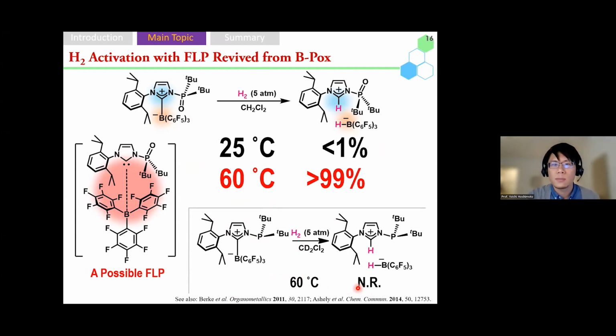We also carried out this reaction at 100 degrees, but only decomposition of this molecule was observed. Thus, we can say this oxygen should play a key role in the generation step of FLP from CLA.